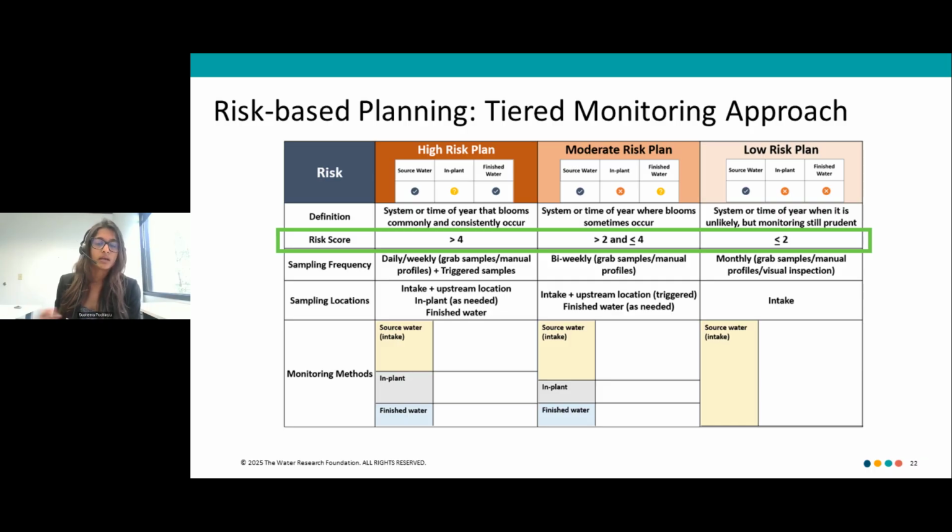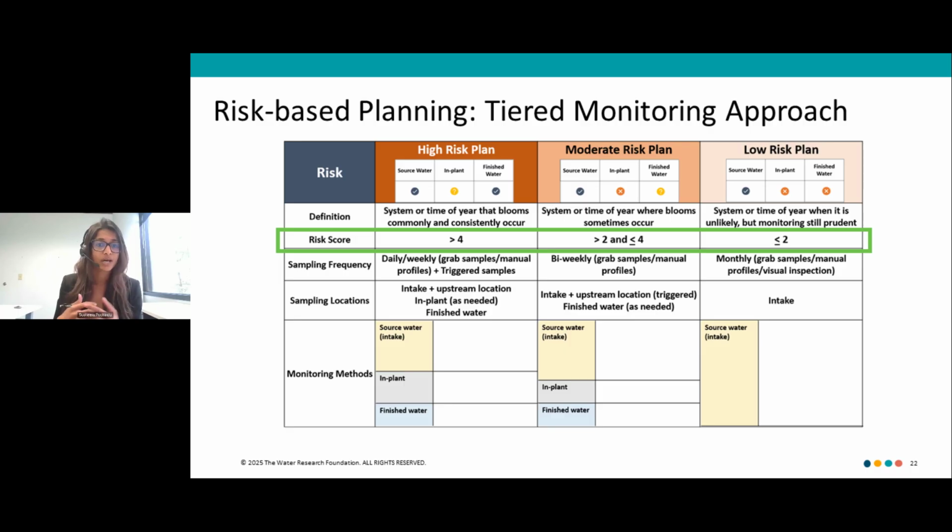So you will see in the final report that WRF just published that we have put together a sample monitoring program development spreadsheet based on these different risk levels. As you can see, within each of these categories, you'll have definitions on what it means to be in a high-risk plan.